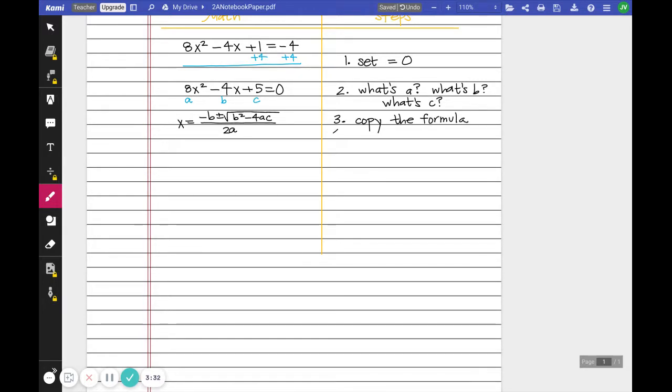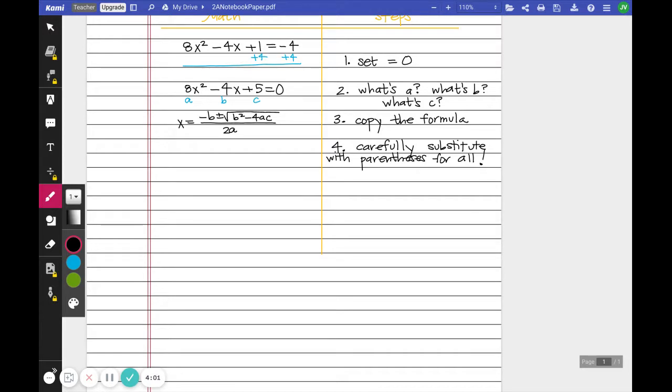And then after you copy the formula, our next step is to carefully substitute with parentheses for all numbers.